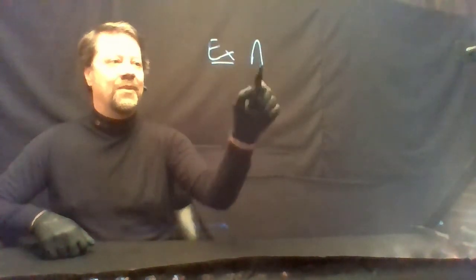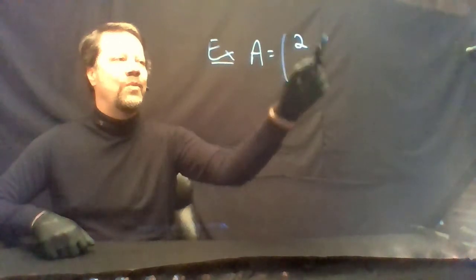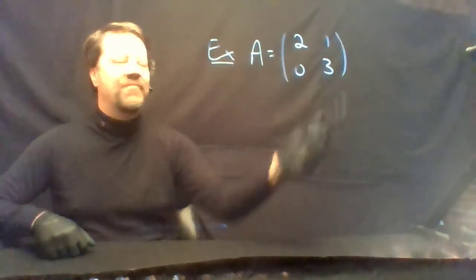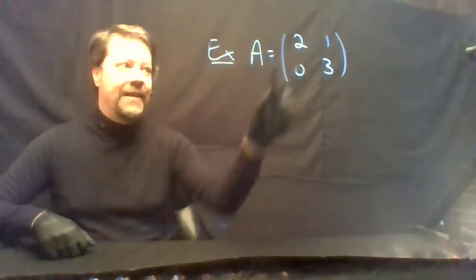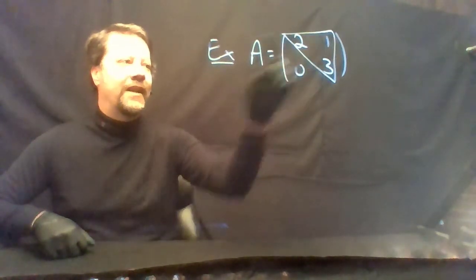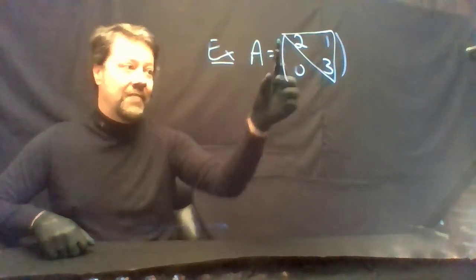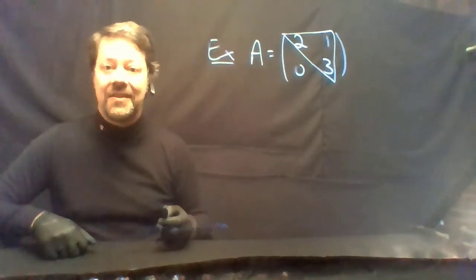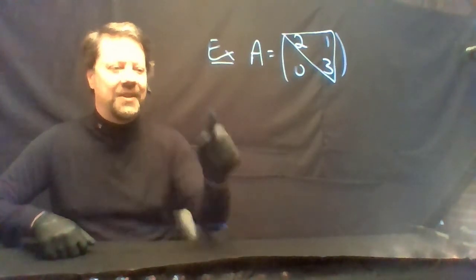In yet another example, suppose our matrix A is [2, 1; 0, 3]. This kind of matrix is called upper triangular because everything below the main diagonal is 0. Is there something special here?